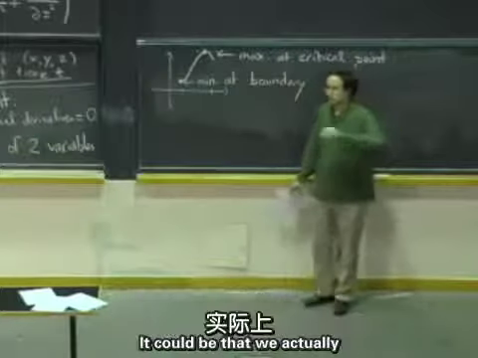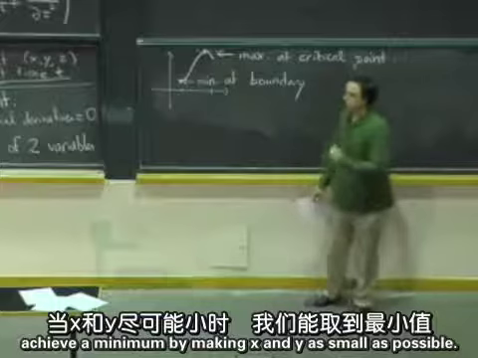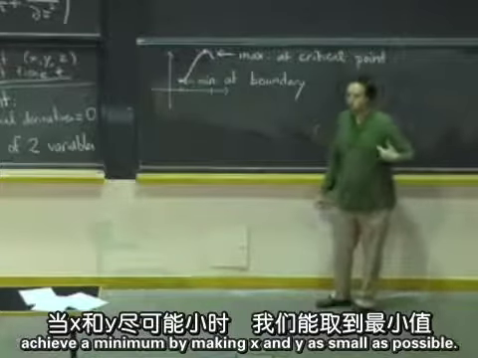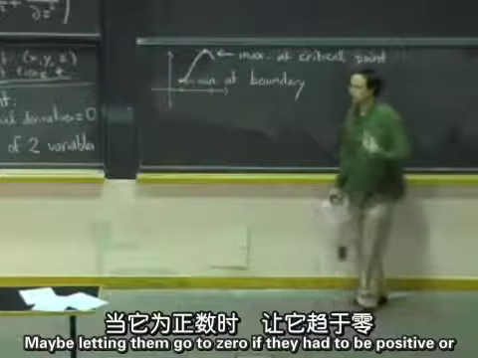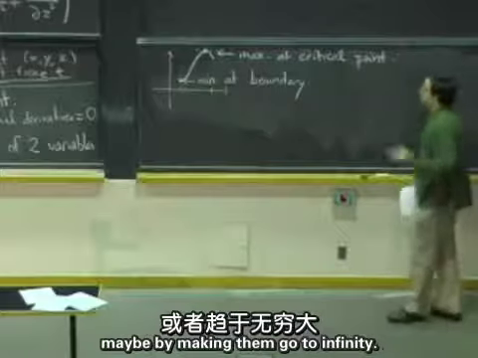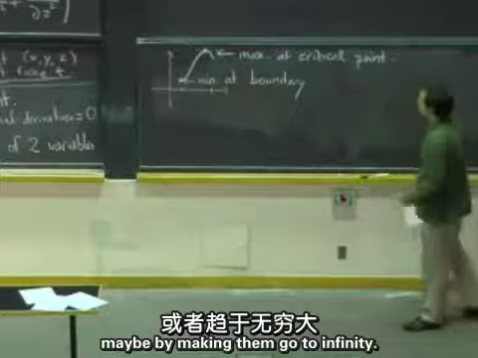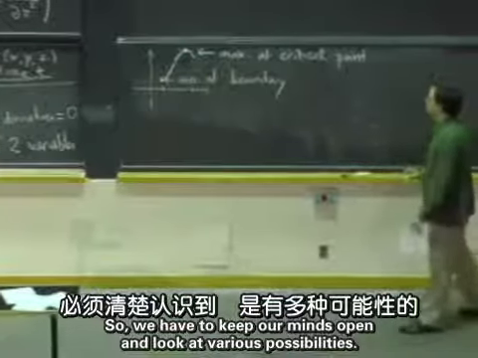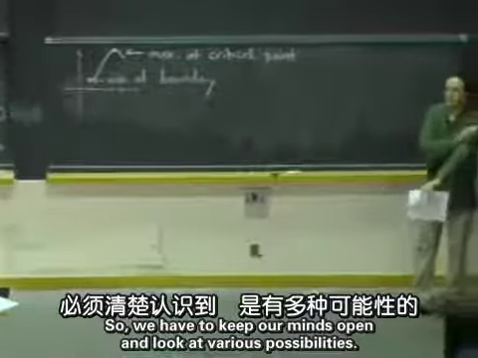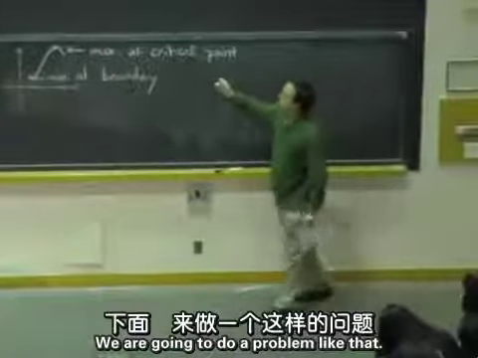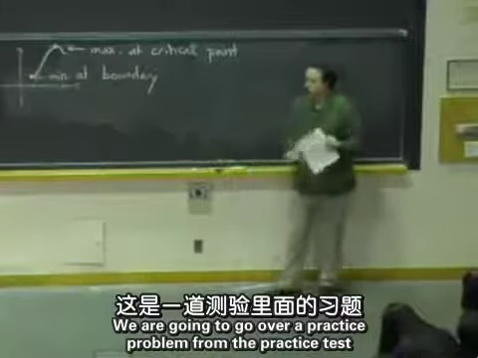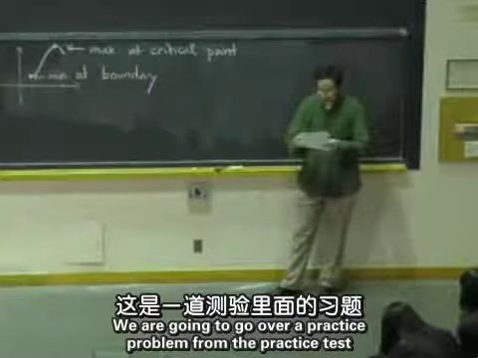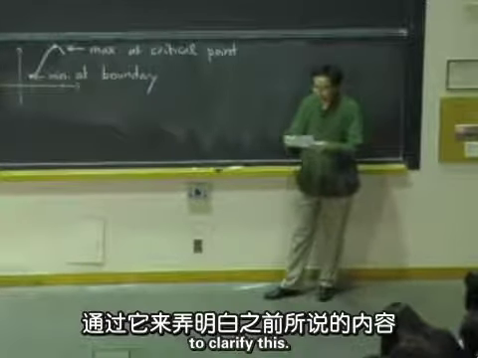So it could be that we actually achieve the minimum by making x and y as small as possible, maybe letting them go to 0 if they had to be positive, or maybe by making them go to infinity. So we have to keep our minds open and look at various possibilities. So we're going to do a problem like that. We're going to go over the practice problem from the practice test to clarify this.